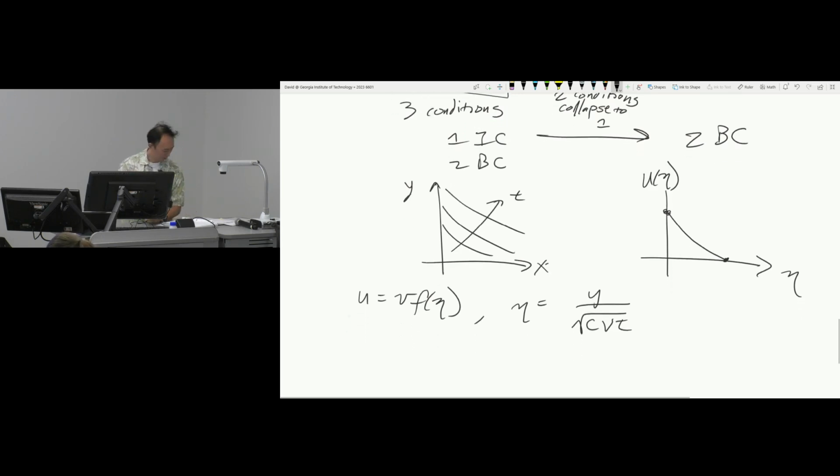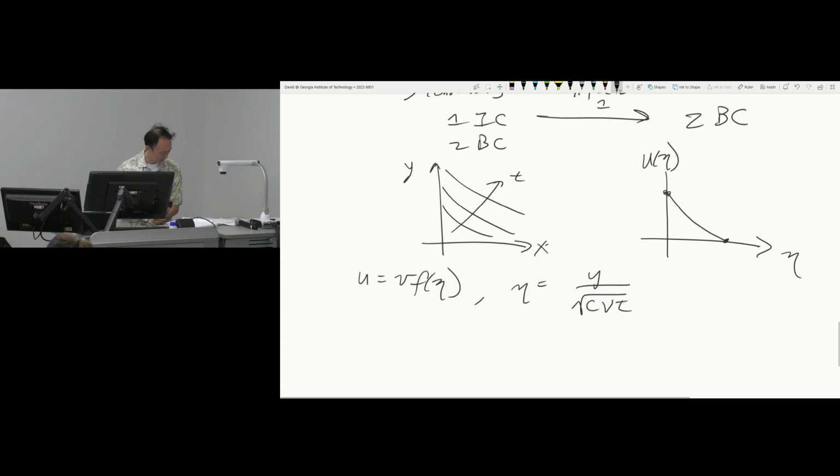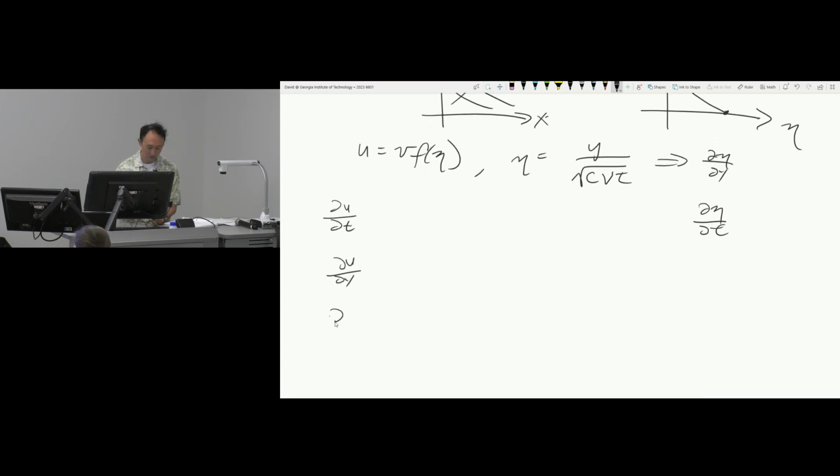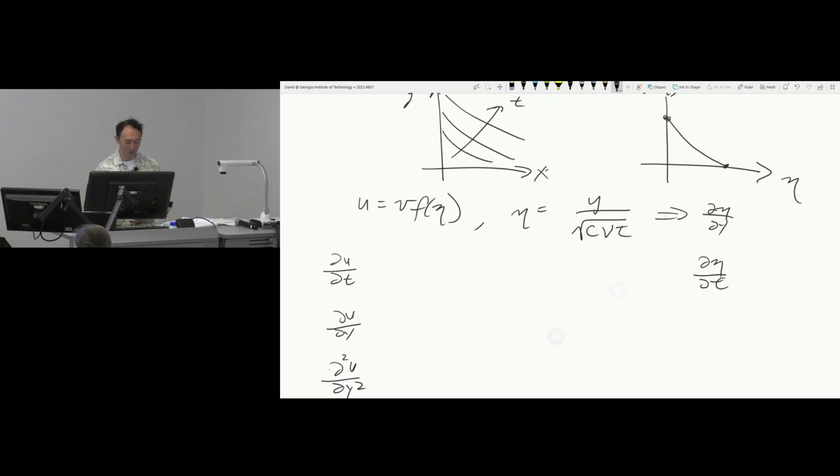So I would suggest you do these at your seats. Calculate d eta dy and d eta dt. And then when you're done with that, calculate du dt, du dy, and eventually d squared u dy squared. And we're going to compare all those and change that PDE by substitution into an equation with eta.